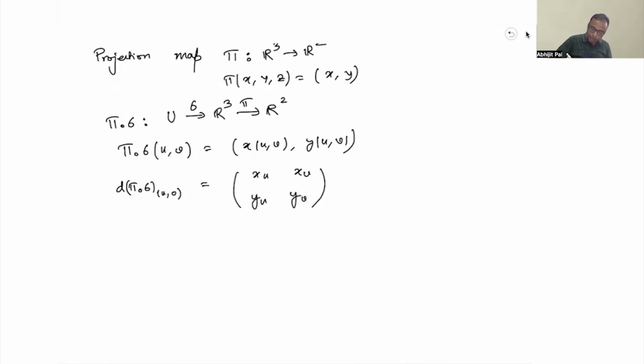And so the determinant of this is not equal to 0. Okay, so that we have assumed. So this means that this differential is an isomorphism.